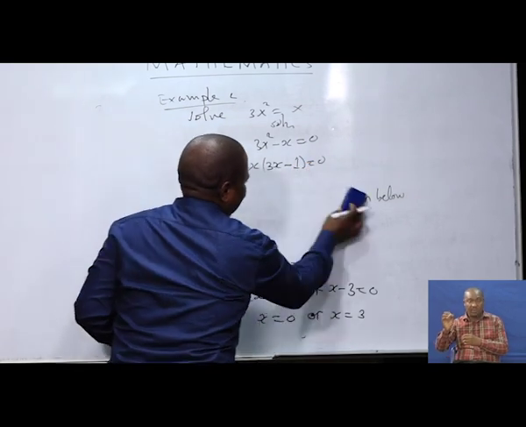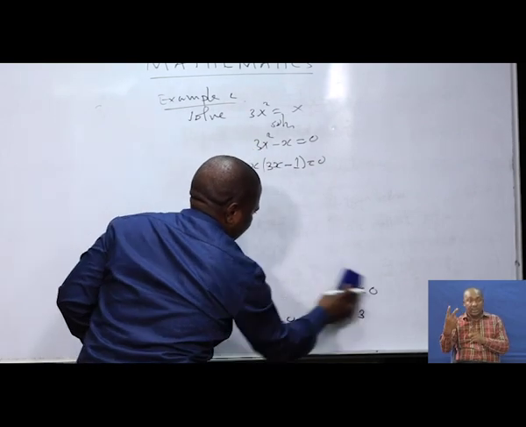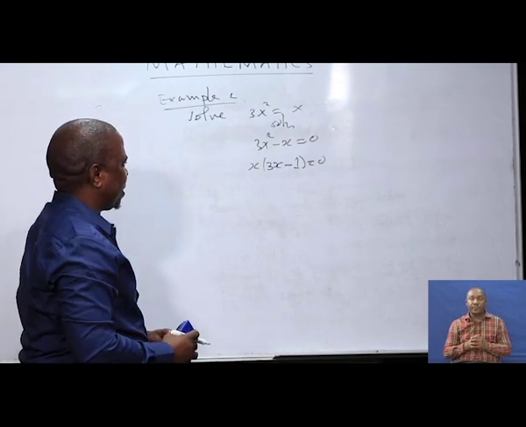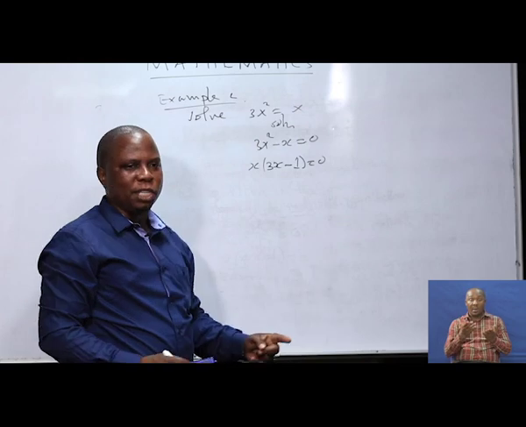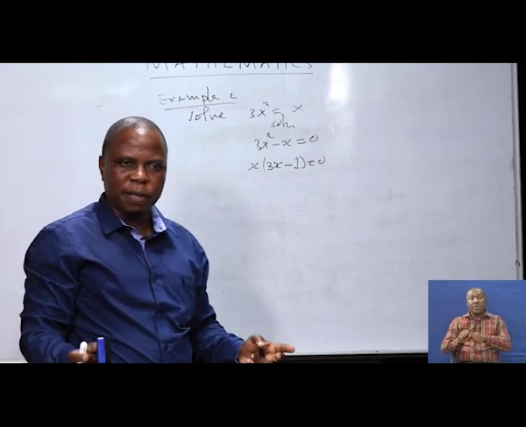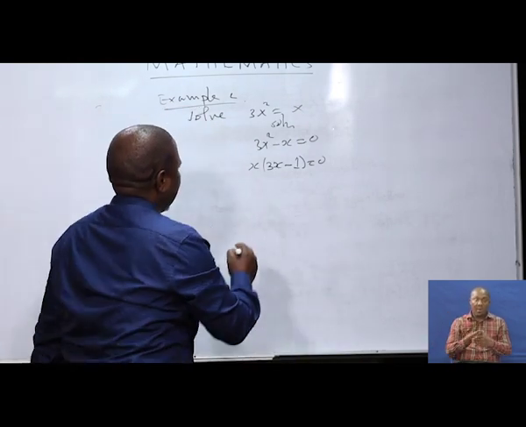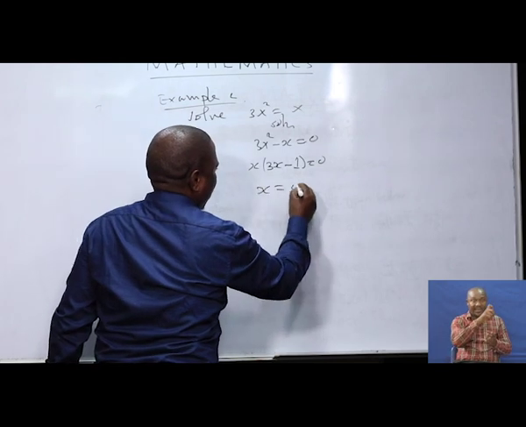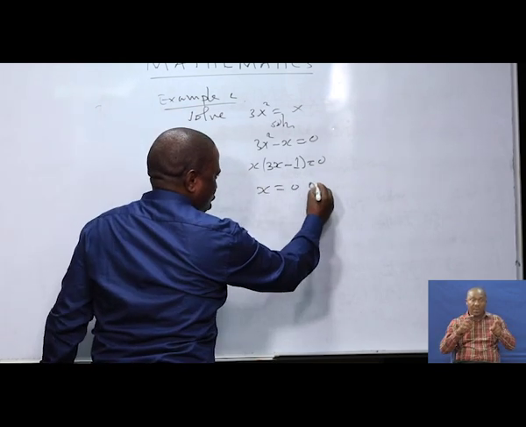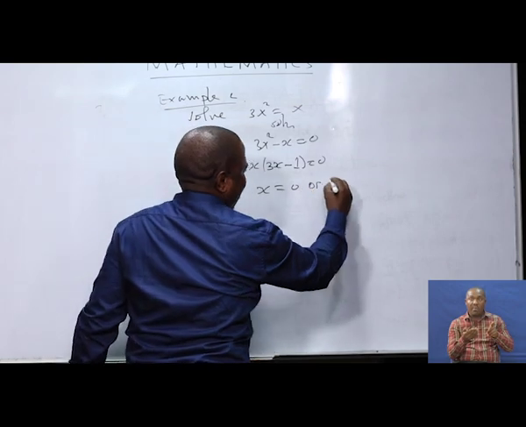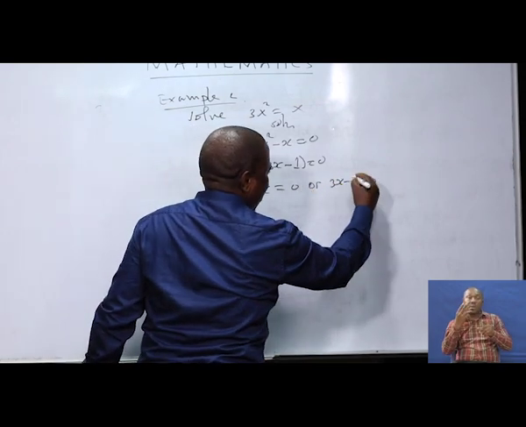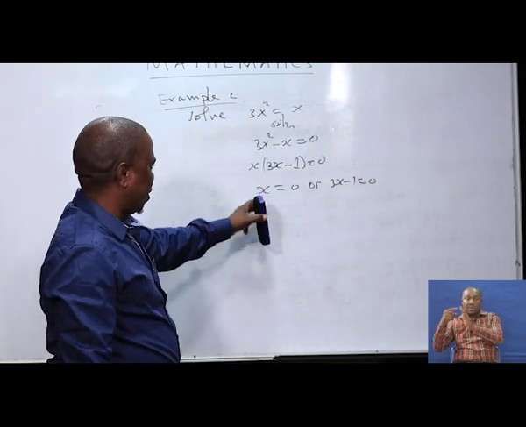You have two terms there. Either one of them should be 0 or all of them. That is, either x should be equal to 0, or this one here, 3x minus 1, should be equal to 0. This is already 0.